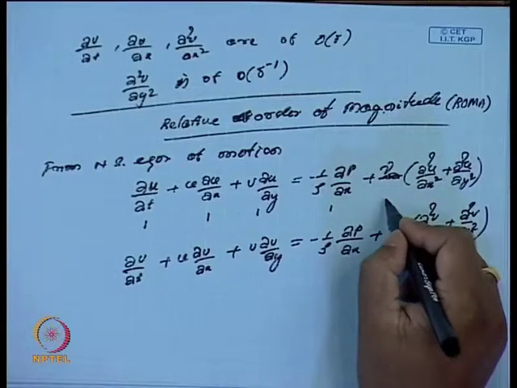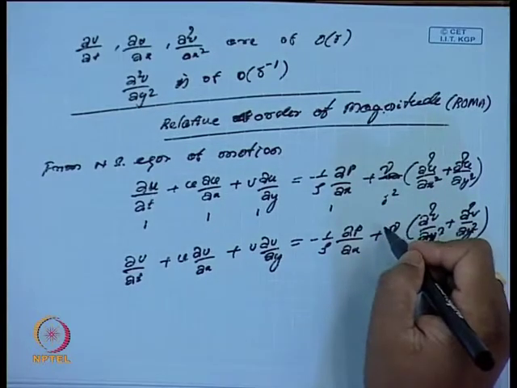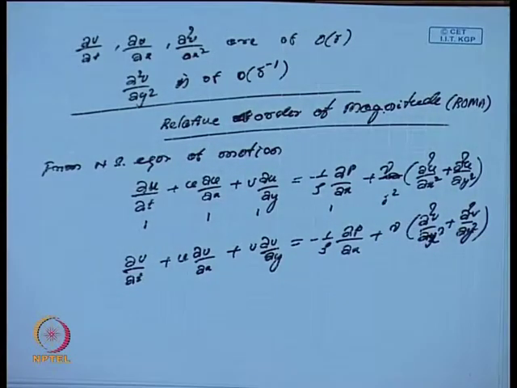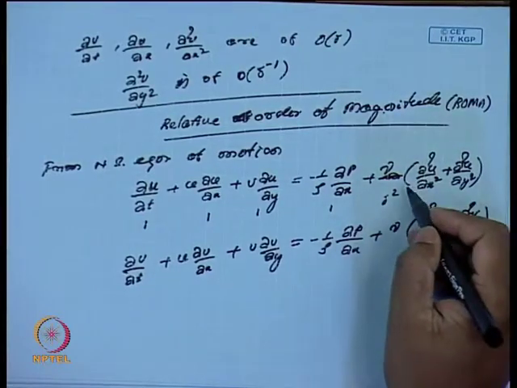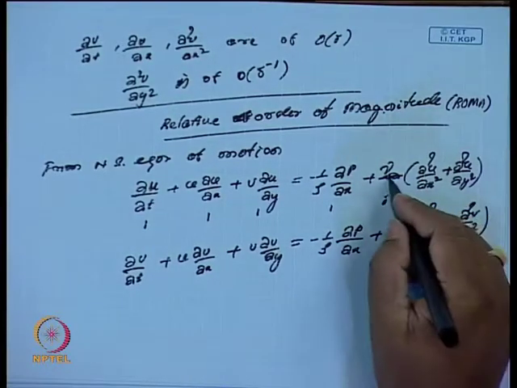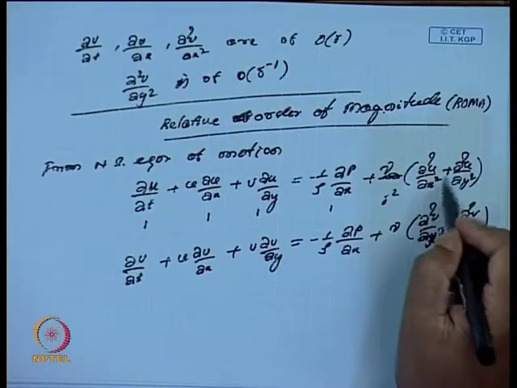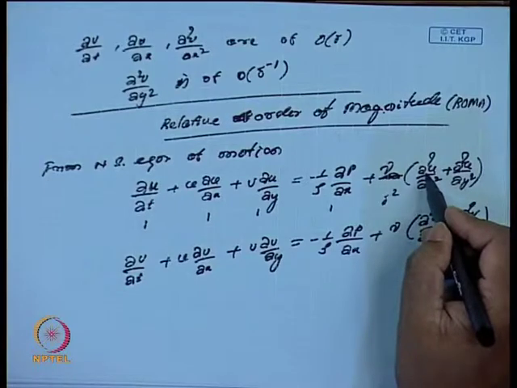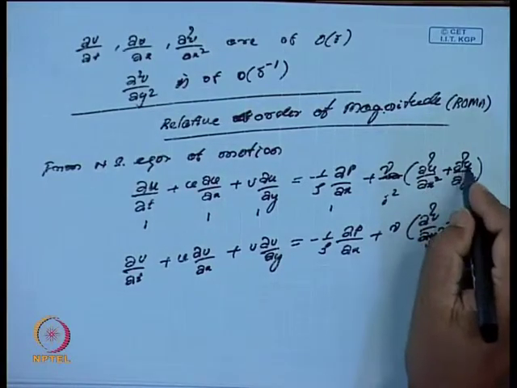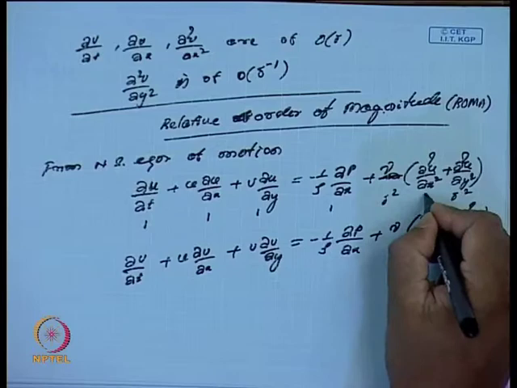Nu is of order delta square, because we have seen this earlier when we compared nu. I will prove that if it is required. Del square u by del x square is again order 1, and this is of order 1, whereas this is of order delta square, this is of order 1.